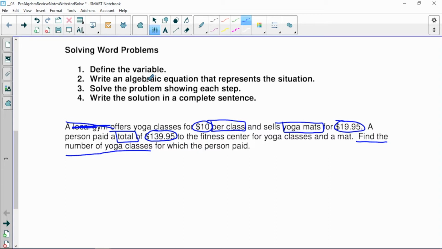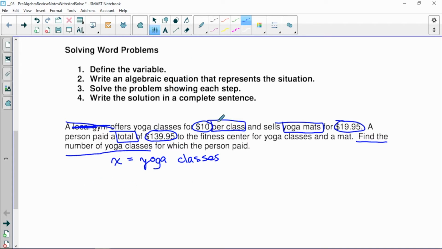So now I can solve by showing my work. What's the variable here? I like to say x is the number of yoga classes. So we're going to write an equation that represents the situation.